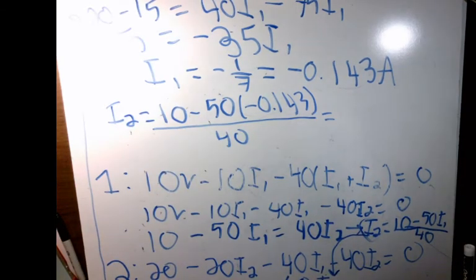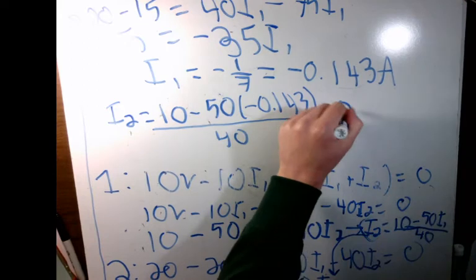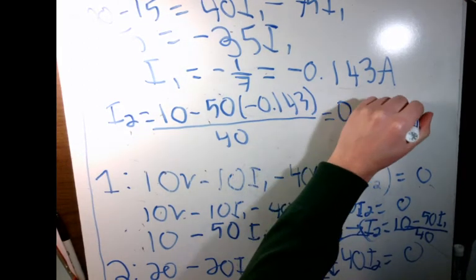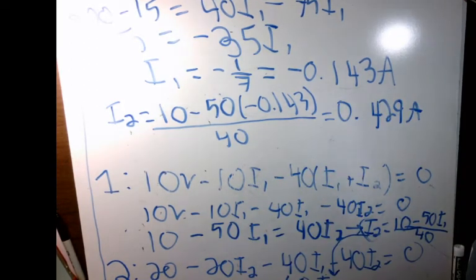And this one should give us 0.429. Let me double check my calculator. Yes, 0.429 amps.